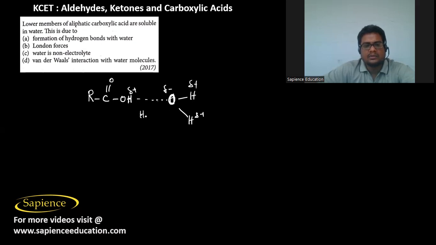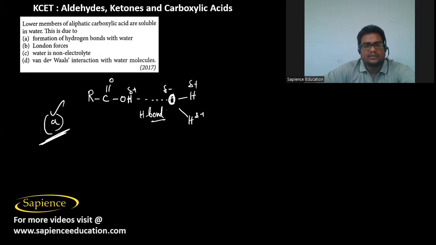So here hydrogen bond can be formed. So it means that lower members of aliphatic carboxylic acid are soluble in water. So option A is the correct answer.